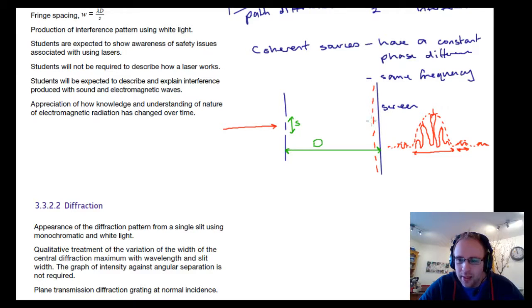If we take from the center of a bright fringe to the center of the next bright fringe, that gives us W, which is our fringe spacing.